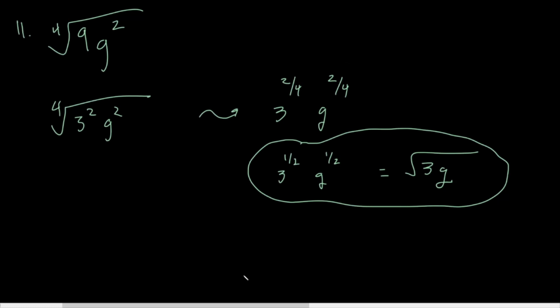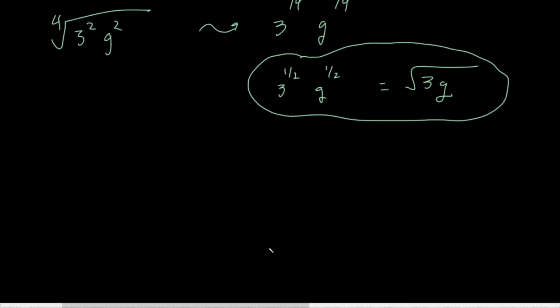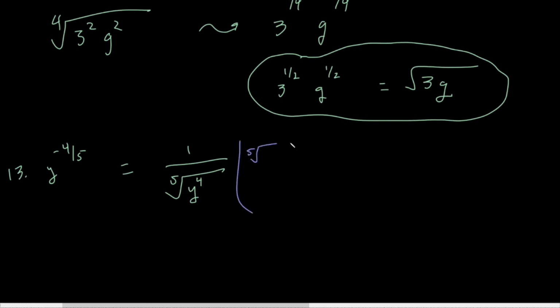13. Let's take a look. Y to the negative 4/5 power. Well, that would be the same thing as 1 over the 5th root of y to the 4th. We need to rationalize this, right? So we will multiply by the 5th root of something.